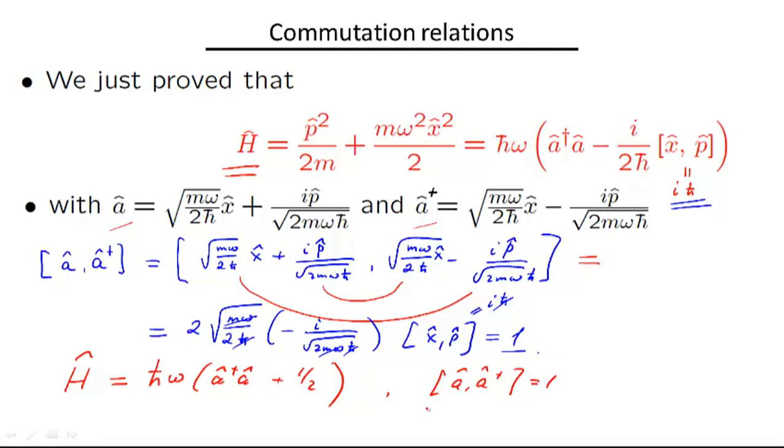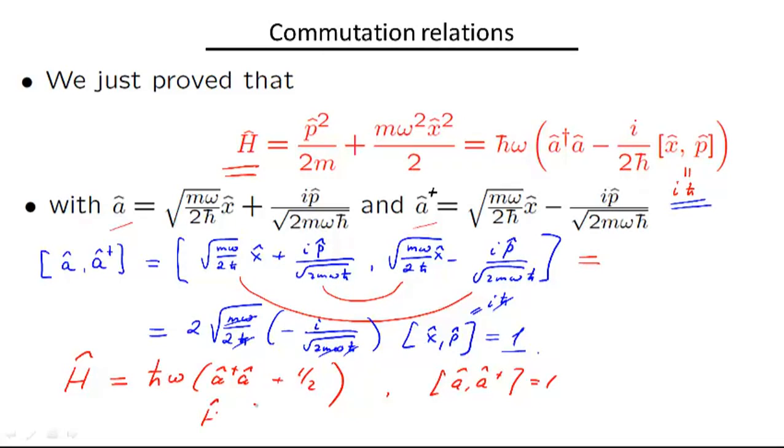Or in other words, as you may see in the literature, these annihilation and creation operators satisfy the canonical commutation relations. The second term in this expression for the Hamiltonian, as we discussed, is just proportional to a number, so it cannot possibly affect the solution of the eigenvalue problem.